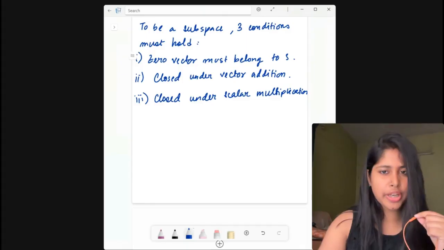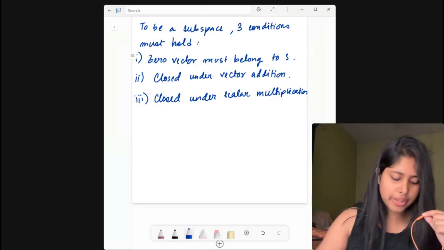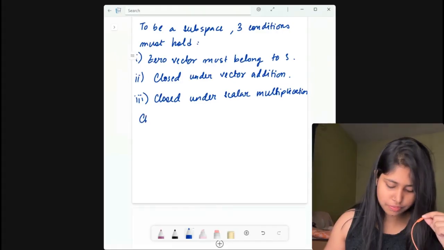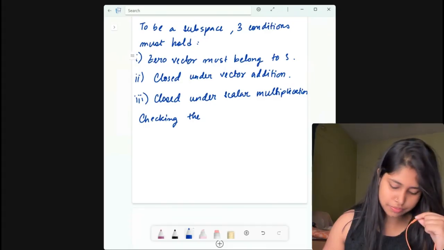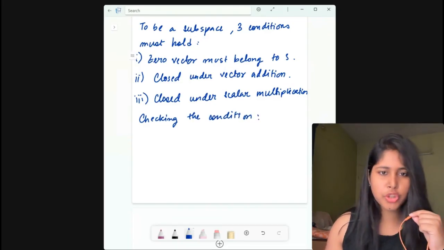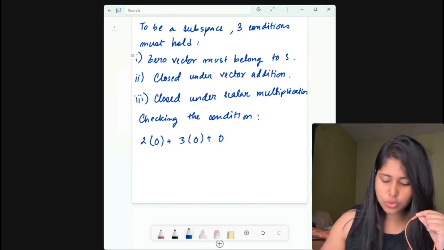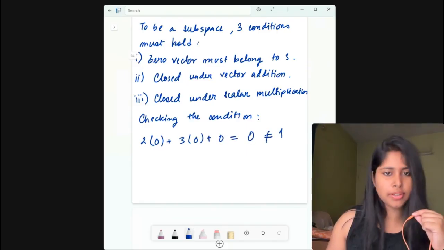Now if we check the condition here, what do we get? Checking the condition: as I've already shown you, this will be 2 into 0 plus 3 into 0 plus 0 is equal to 0 and is not equal to 1, right?